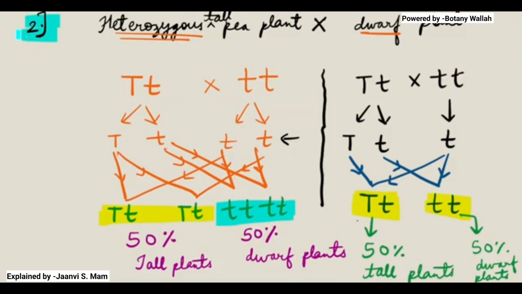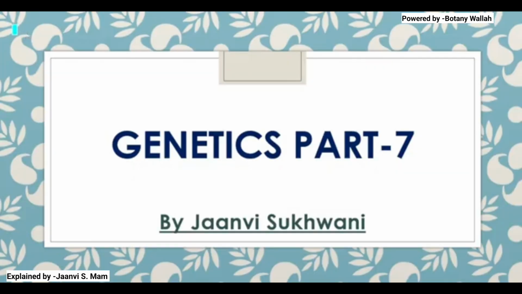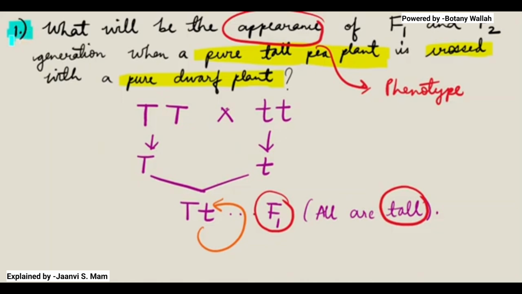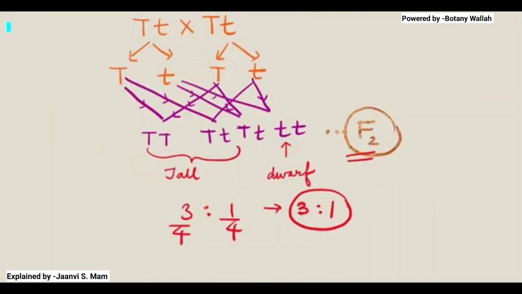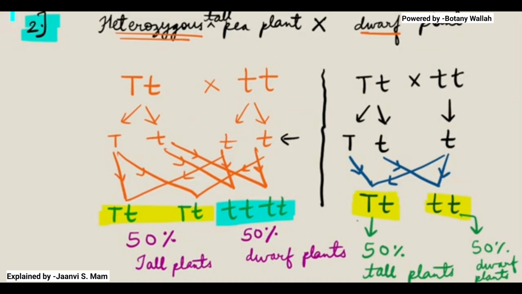I hope you understood this question. These are very simple questions which I had taken. This is question number 1, then I took question number 2. If you understood till here, then we can move forward by taking one more question based on this.